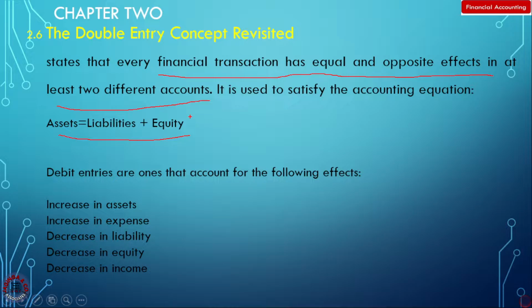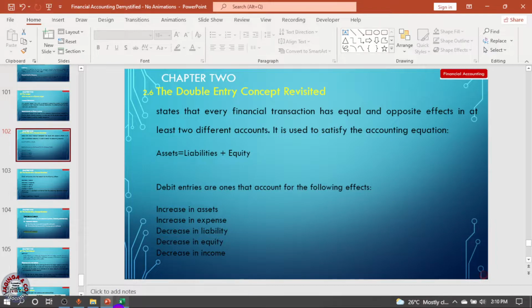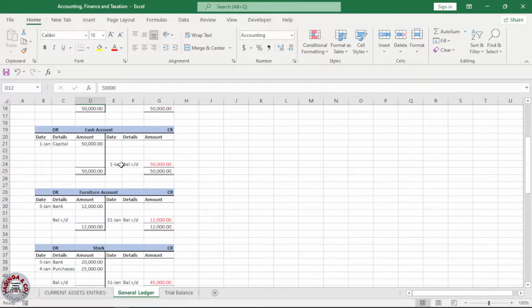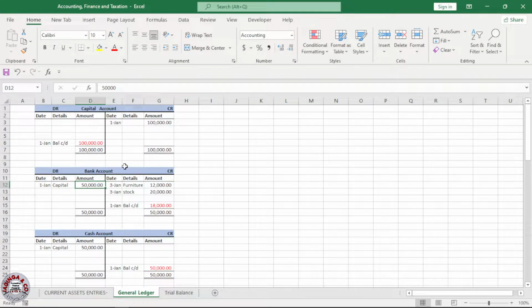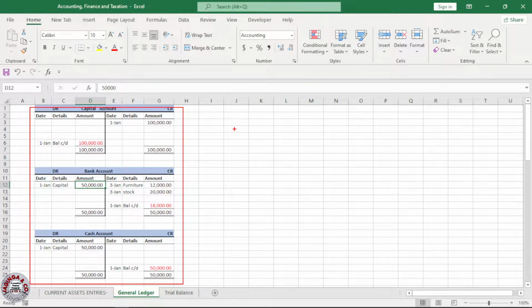So let me just try to explain this with an example. Here we have three different accounts: a capital account, a bank account, and a cash account.